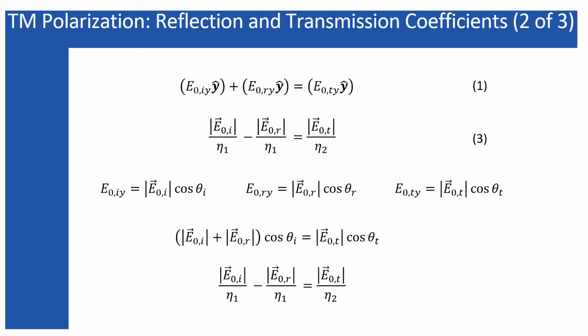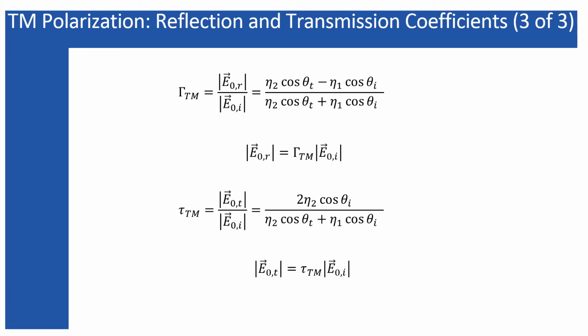Now, if you replace all of these factors in equation 1 and equation 3, after a little algebraic manipulation, finally you can write the reflection coefficient and the transmission coefficient like this.